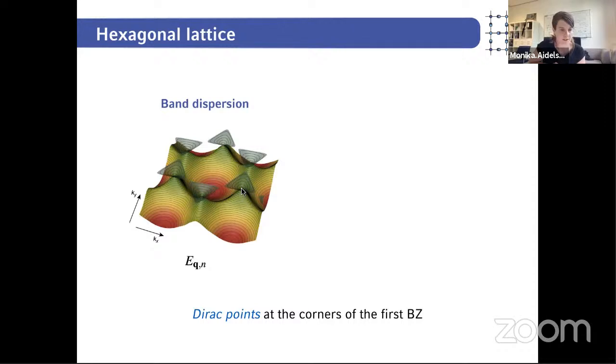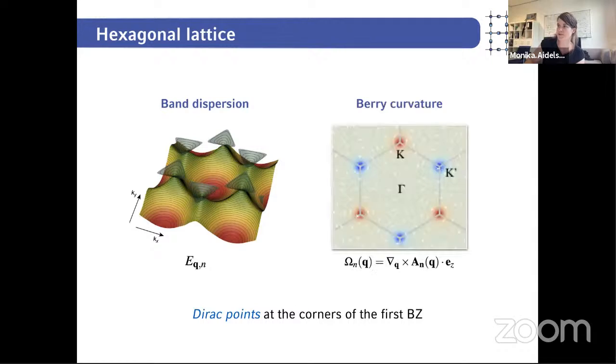But then what we are interested in is the geometric properties of the band. So we look at the Berry connection or the Berry curvature. And at these Dirac points, we have highly concentrated Berry curvature, like a delta function times pi, which changes sign depending on K and K prime.